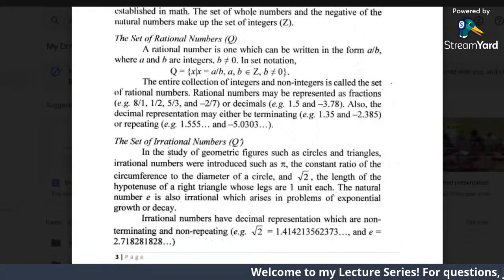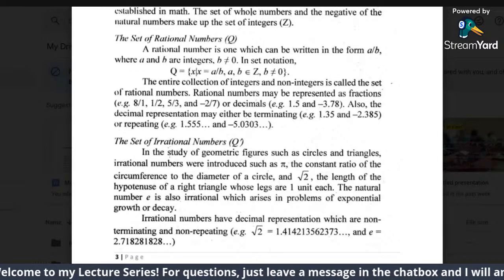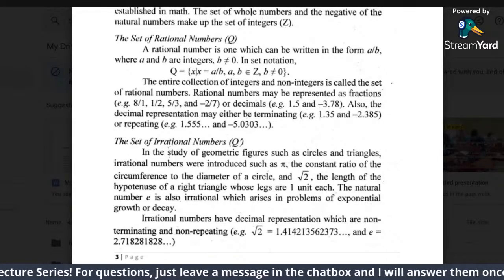Rational numbers may be represented as fractions, could be 8 over 1, 1 half, 5 thirds, negative 2 thirds, negative 10 over 25, or decimals like 1.5 or negative 3.75. But any number which can be represented as a over b such that b is not equal to 0 is a rational number.